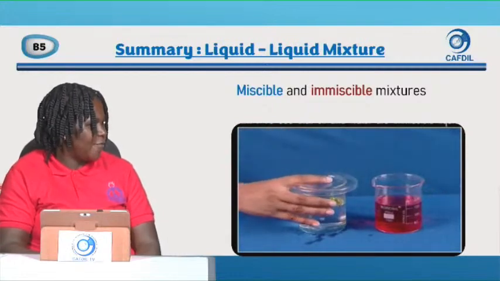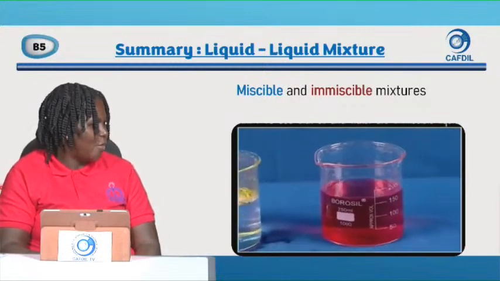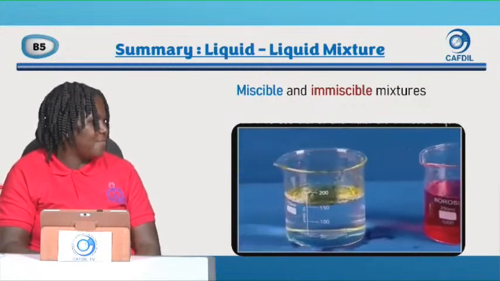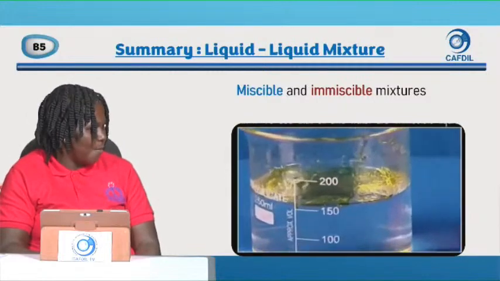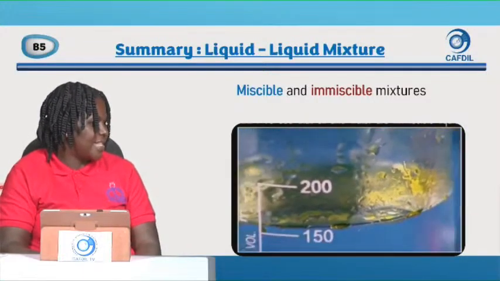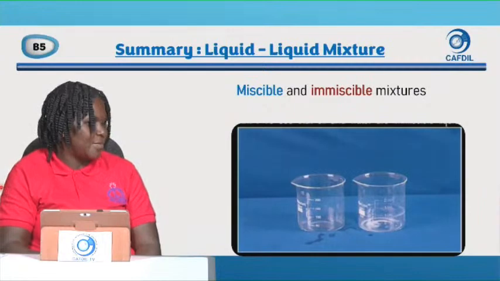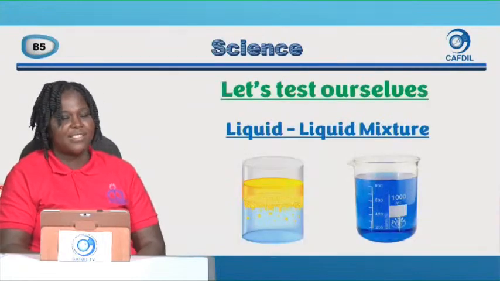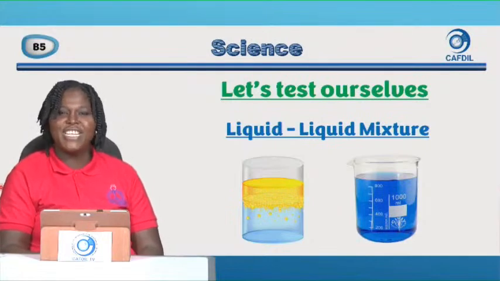For miscible, they form a uniform mixture. And for immiscible, the mixture is not uniform. You have separate liquids, water and oil, and water and ink. Miscible and immiscible mixtures. Now, learners, you have done very, very well for today.